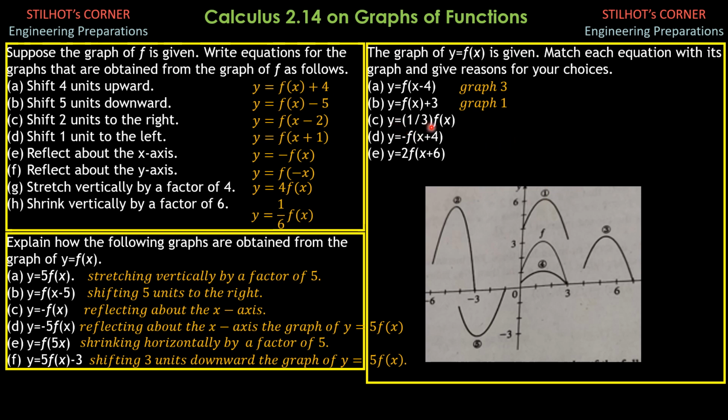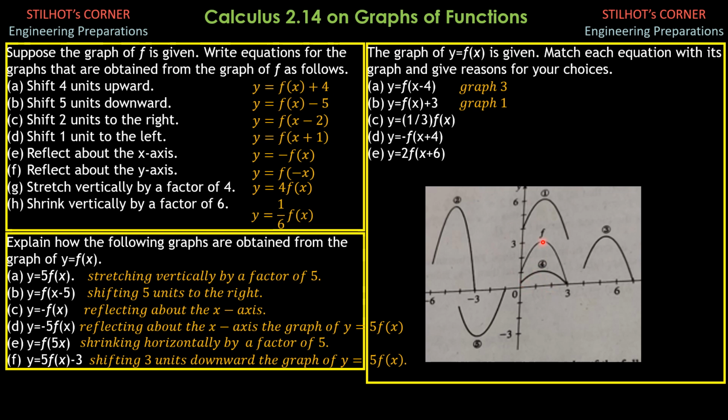Y equals 1/3 of f of x. We have to shrink the original graph by a factor of 3. So this is the graph, 1/3 of f of x. Originally, if the ordinate here is 1, then 1/3 of f of x becomes 1/3.